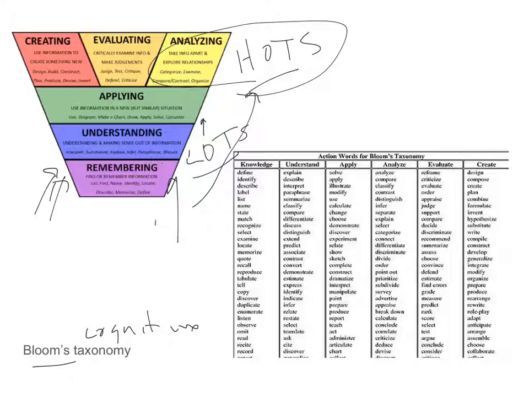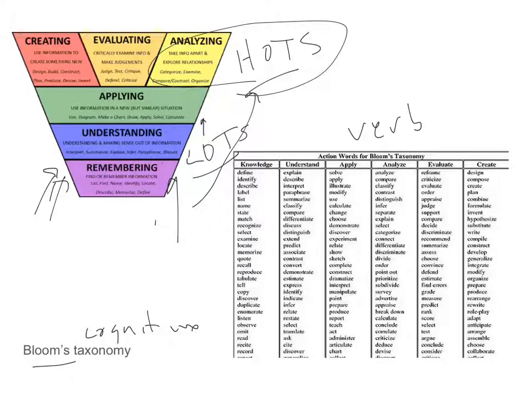If you do a search on the web, either Google Images or just Google, to do a search for Bloom's taxonomy verbs, you'll come across lots and lots of lists of different ways of stating what you want the students to accomplish that apply to these different levels of cognitive development on the part of the students.